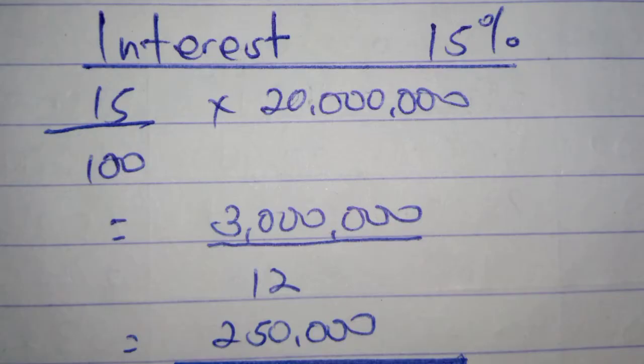We shall first calculate 15% times the loan, which is 20 million, and we get 3 million. But they said it's for a full year, but interest is to be paid on a monthly basis. Therefore, we shall divide 3 million by 12, so we get 250,000, and that's the interest that will be paid on a monthly basis.